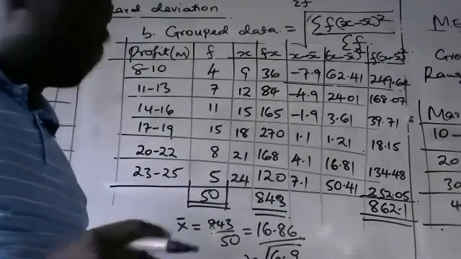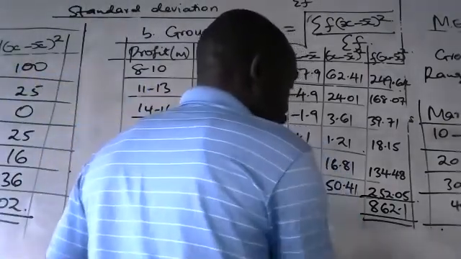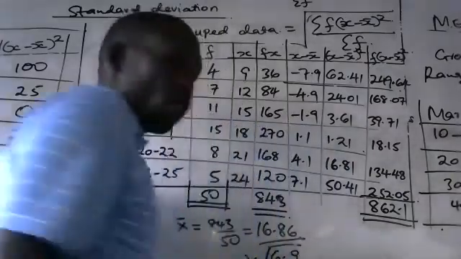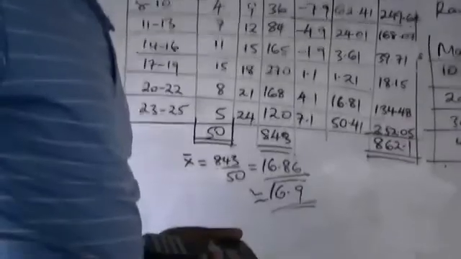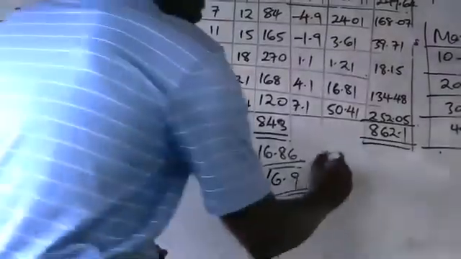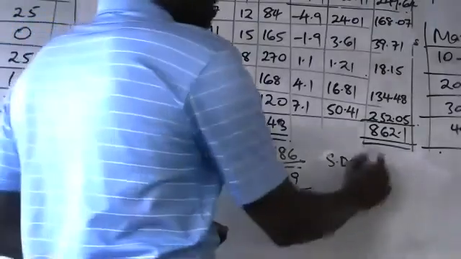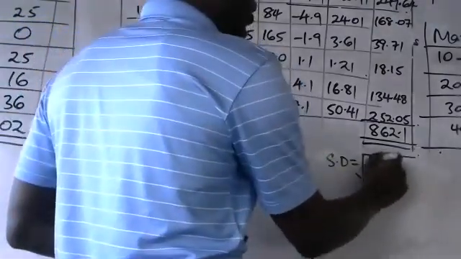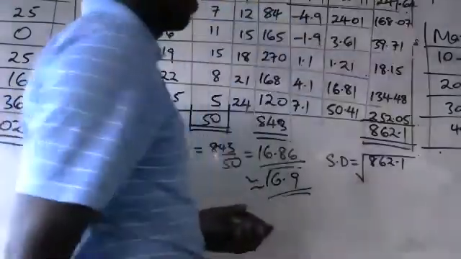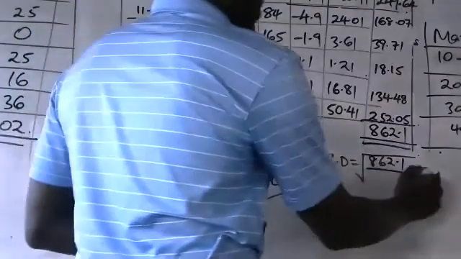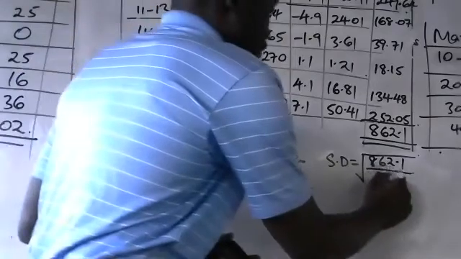Having obtained that particular column, you are now on the finishing line. You are almost there. You just come here and you say, therefore, the standard deviation will be given by the square root of 862.1, which is the sum of f x minus x bar squared, divided by the sum of f, which we have computed here as 50.